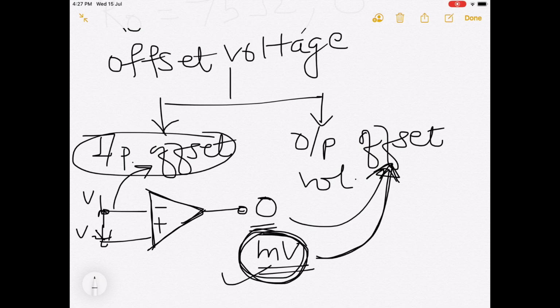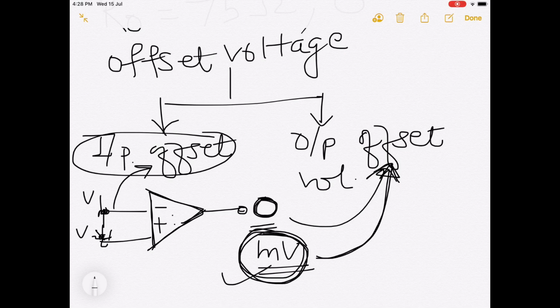There may be a question in your exam: define input offset voltage, define output offset voltage. You can write like this: first, output offset voltage is the output voltage obtained at the output pin of op-amp when no signal is applied at the input. This is generally due to mismatch of transistors used in the op-amp. And input offset voltage is the voltage that must be applied between these two terminals of op-amp to nullify the output voltage.